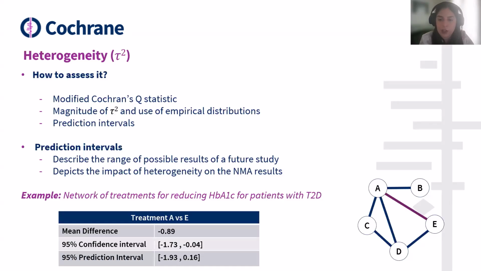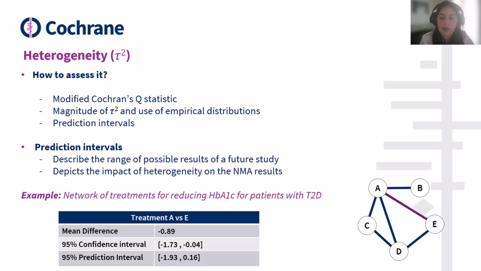In this network of treatments for reducing glycated hemoglobin in patients with type 2 diabetes, consider the comparison between treatments A and D. The network meta-analysis estimate shows a mean difference of minus 0.89, suggesting that treatment A is better in reducing glycated hemoglobin than treatment E. The 95% confidence interval excludes 0, indicating a statistically significant effect.